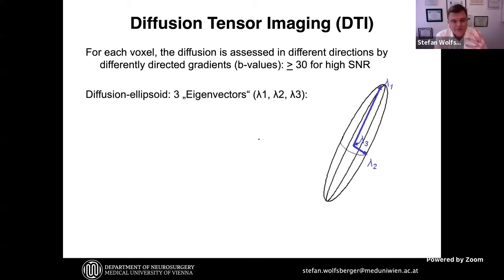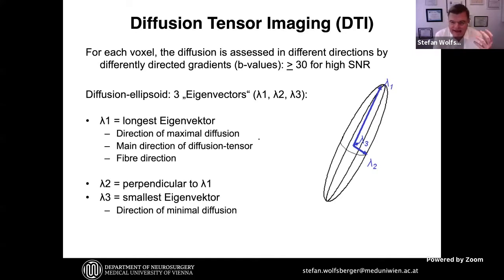In every voxel, we have 3 vectors, called eigenvectors, in fact a German word. Lambda 1 is the typically longest eigenvector, which is the direction of maximum diffusion, and it's the one that we want to take care of when we calculate fibers.